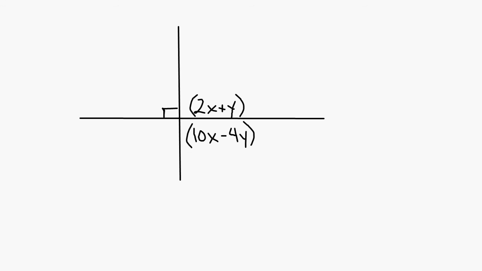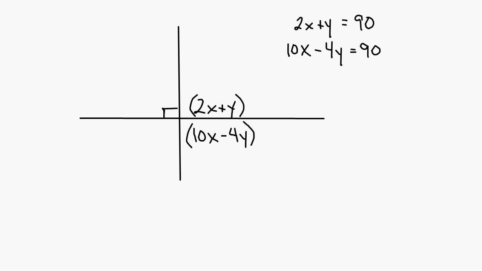What are all of the angles equal to in this diagram? They're all 90 degrees. So is 2x plus y equal to 90 degrees? And isn't 10x minus 4y equal to 90 degrees? So don't you have a system of equations where, how could you solve for one of the variables here? Does anybody see what the first step would be?